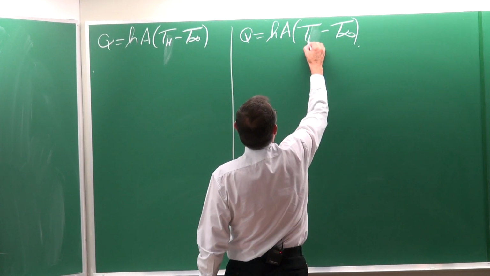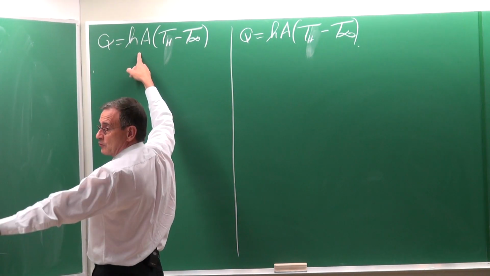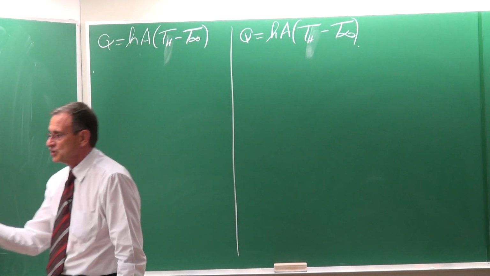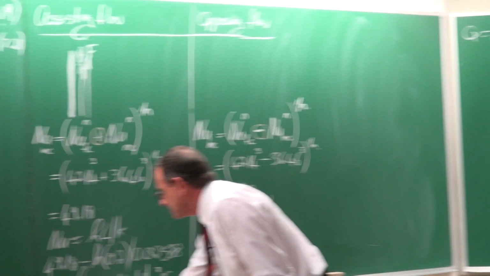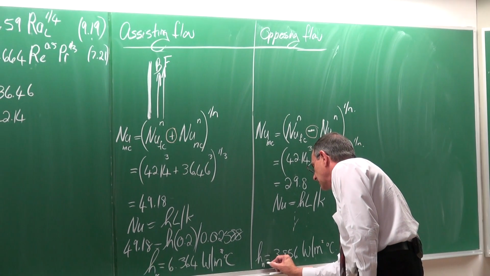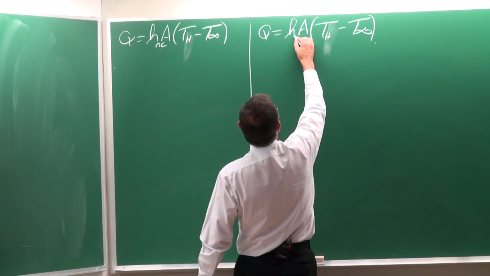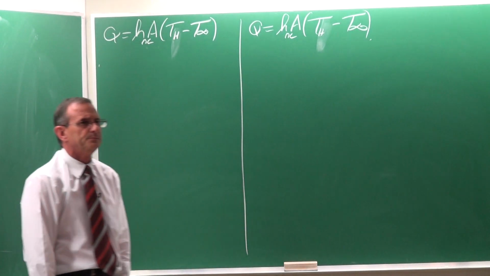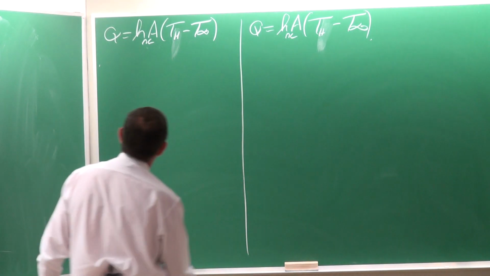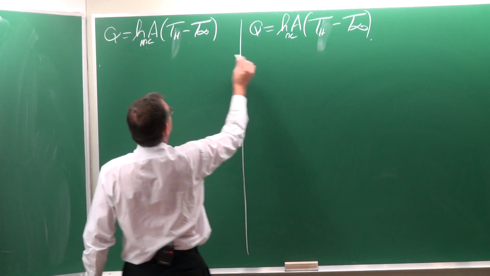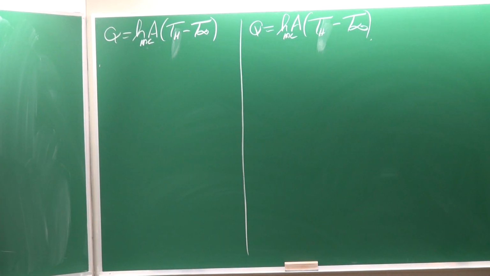There we go. And this heat transfer coefficient must, of course, be the heat transfer coefficient of the mixed convection. So if you want to, you can put in an MC to indicate mixed convection. Sorry, mixed convection, yes.